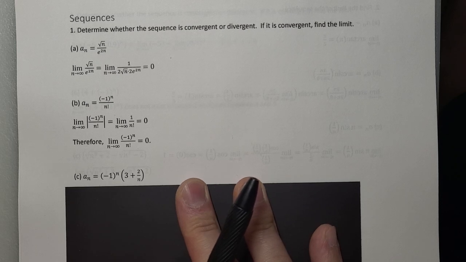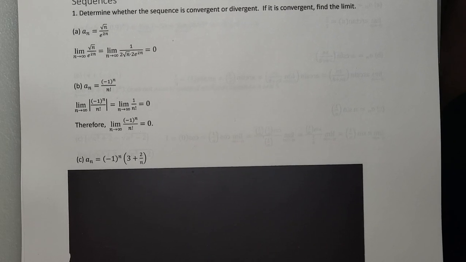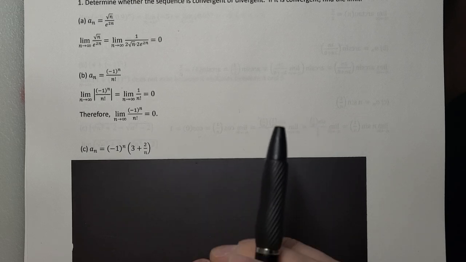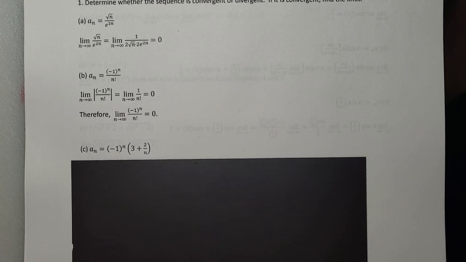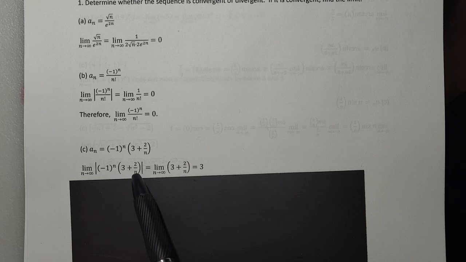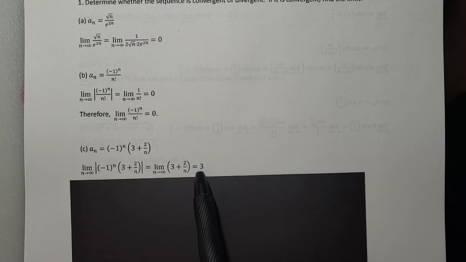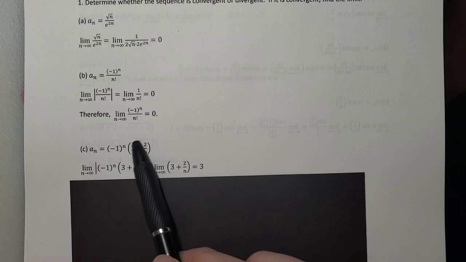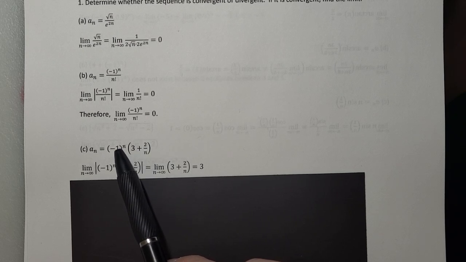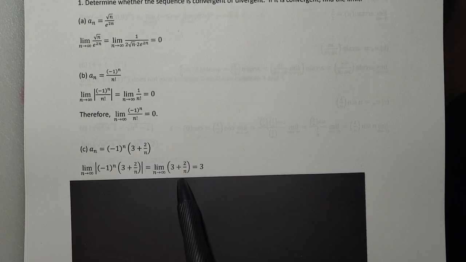And it looks like we have to apply it here, actually. I already gave the answer away, but let's look at it. Does this limit exist or not? Does the sequence converge or not? I'm just going to say, does the limit exist as n goes to infinity? Well, again, we look at the absolute valued version, so that changing sign goes away. We take the limit as n goes to infinity of this guy. It's 3. Now, as I just said, it's going to oscillate between positive 3 and negative 3.